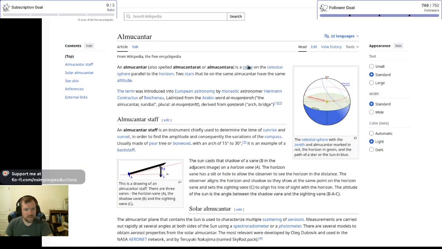A circle on the celestial sphere parallel to the horizon. Oh, okay. So it's not a line on a sphere. Right, so it's the circle which creates a cap with the North Pole at its top. Interesting. Haven't heard of that word before.